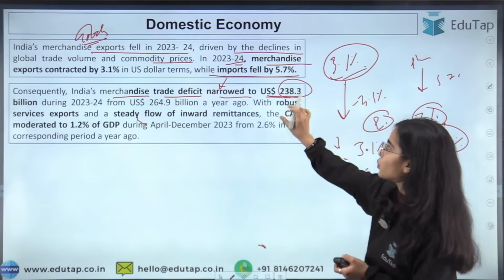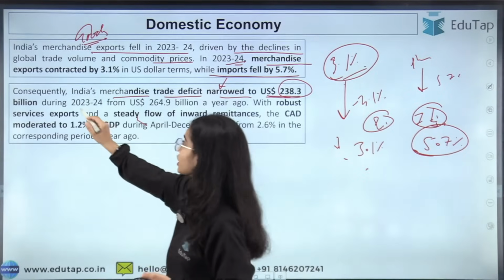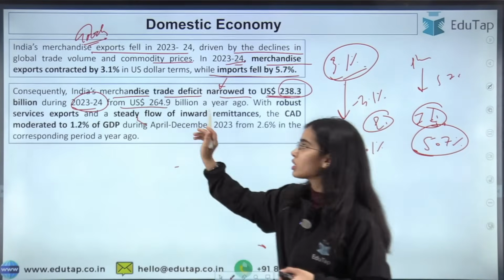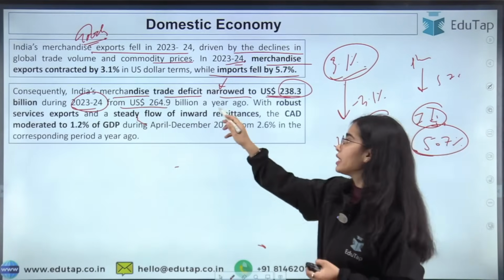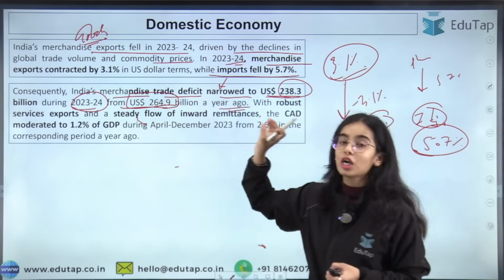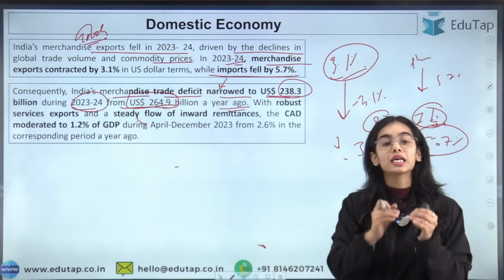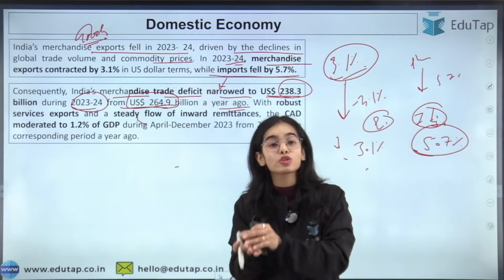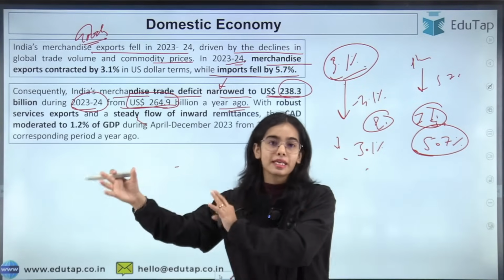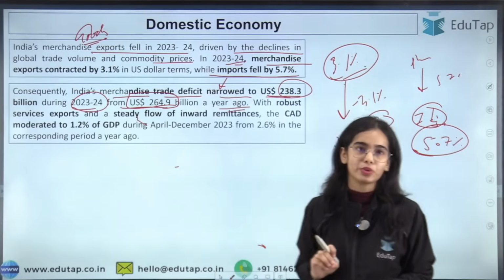Both have decreased, but the imports have decreased more than the exports.